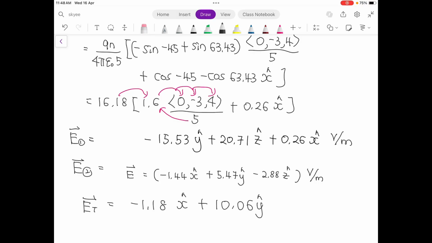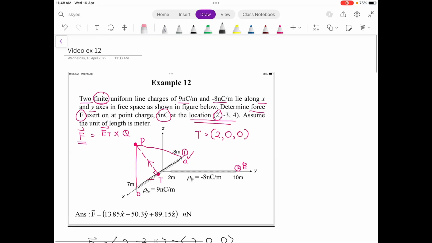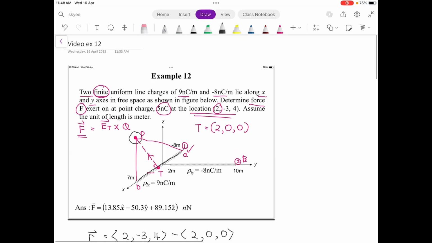And for the Z, it is 17.83. So this is the E total. So we managed to find the total electric field at these positions.